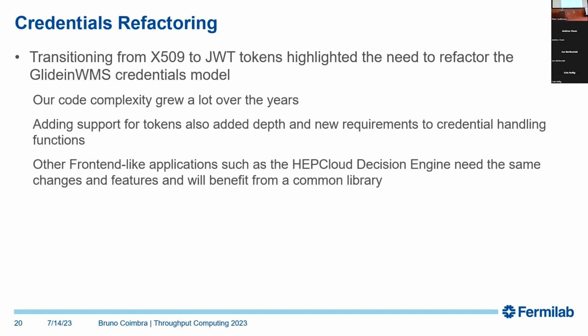Basically, for every new credential, for every new purpose, we would probably have to add a new if clause somewhere. And we are now also working with other front-end-like applications, such as the HEPCloud Decision Engine, that will need similar changes. And it would be really nice if we had a library that we could port to other applications such as this, so we only had to do this work once.